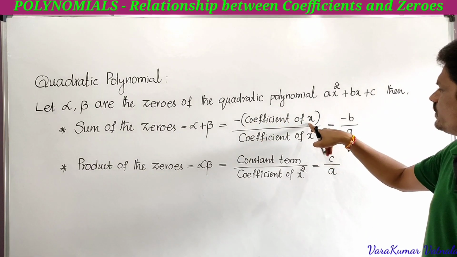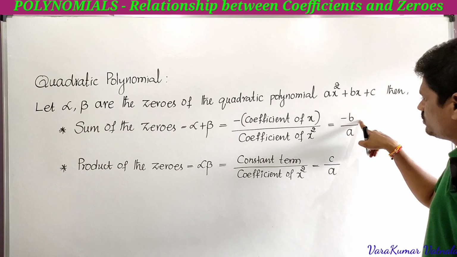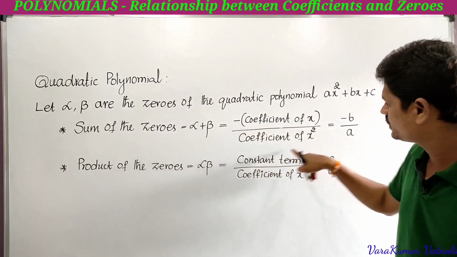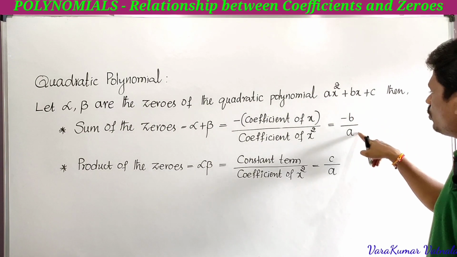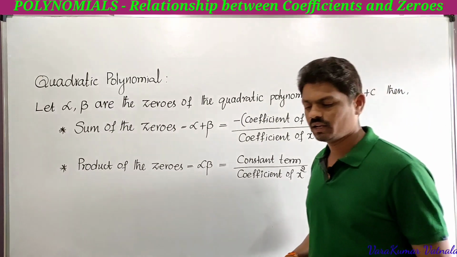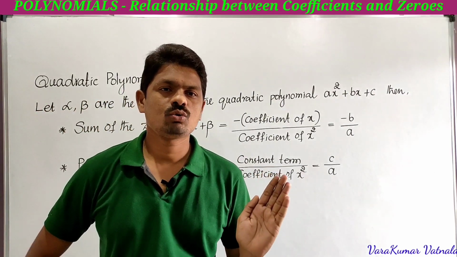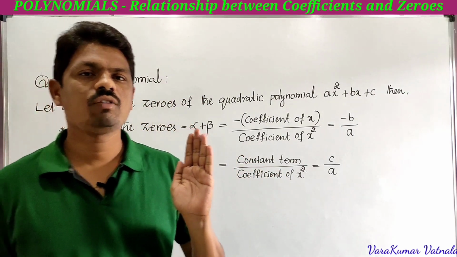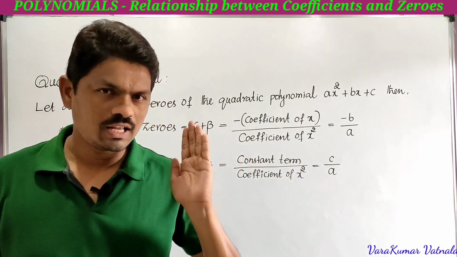Minus of the coefficient of x is minus b, divided by the coefficient of x square. Here the coefficient of x square is a, so we can write minus b by a. Simply you have to remember that the sum of the zeros of a quadratic polynomial, alpha plus beta, is equal to minus b by a.